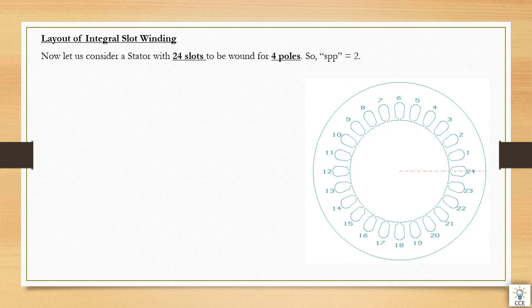Now let us take another example where we have an increased number of slots, that is 24, a doubled number of slots, but it will still be wound for 4 poles. So in that case we have the slot per pole per phase, that number is 2.